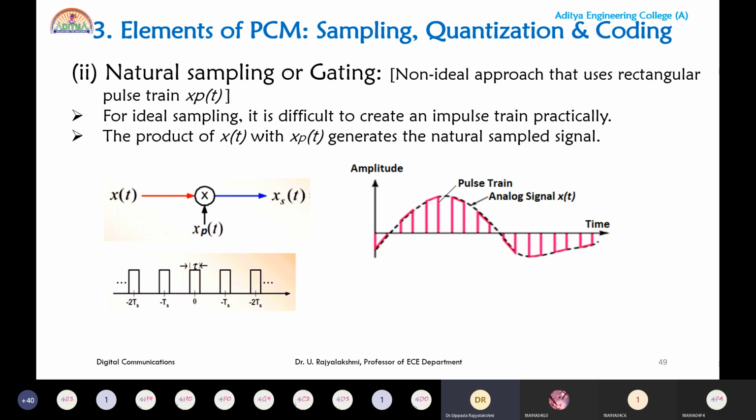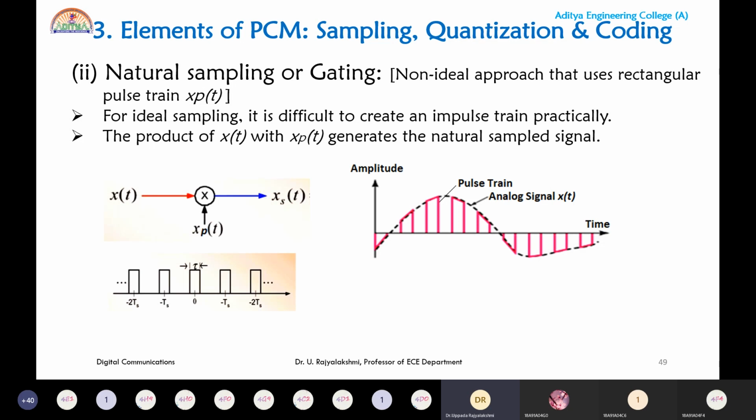natural sampled result. Here if you observe, the pink figure represents the sampled signal. If you observe the pink pulses in the output, their amplitude naturally varies with respect to the analog signal.